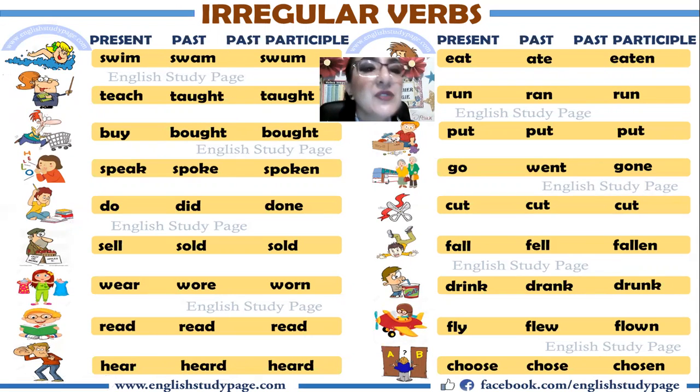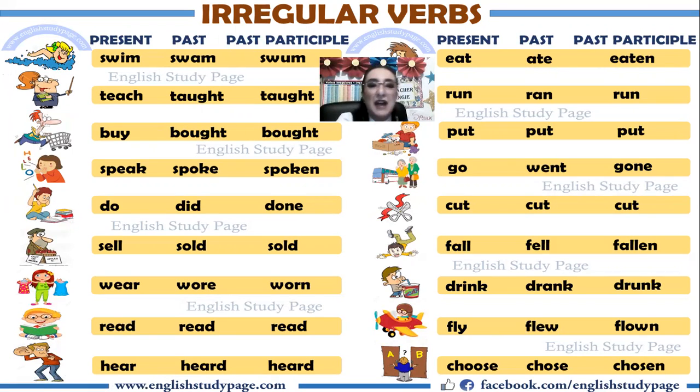Sometimes the pronunciation is going to be the situation. For example, read, read, read. Fly, flew, flown. Choose, chose, chosen. They are going to be having different things in common.